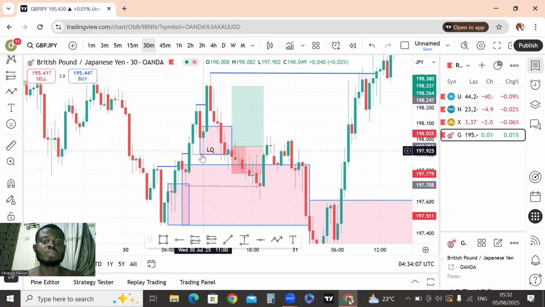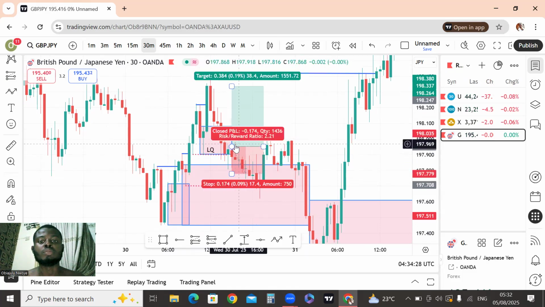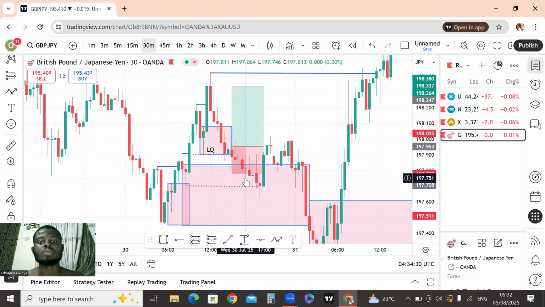There was a zone on the M5 that was mitigated, then pushed up and caused a break of structure. So there's liquidity here, and price took that liquidity, then gave me my entry criteria somewhere around here with my stop loss here. I entered, it didn't even push much, and then it just took me out.